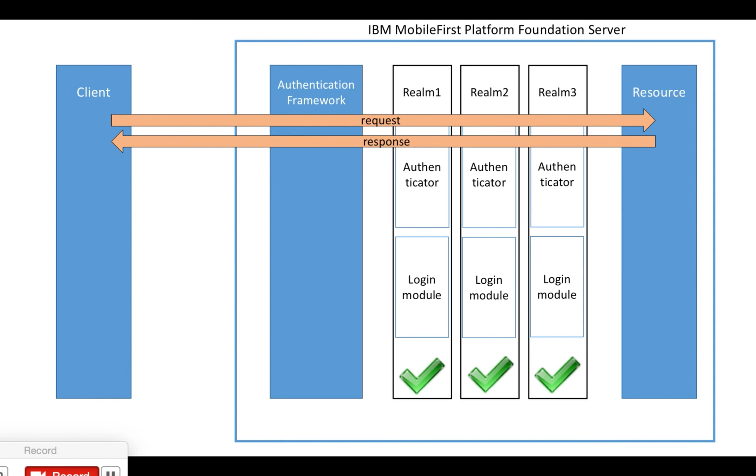The client-side authentication framework will wait for the client to supply the answers to all the challenges, so the authentication is not happening one by one. You're saving on extra round trips and unnecessary network traffic.